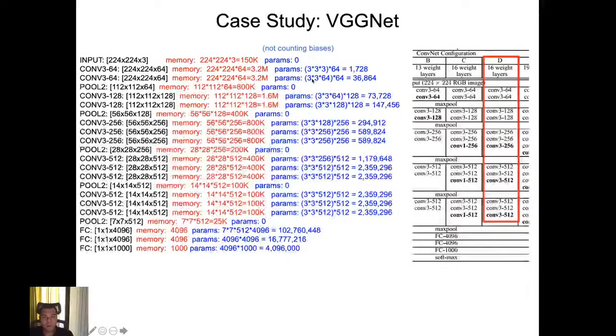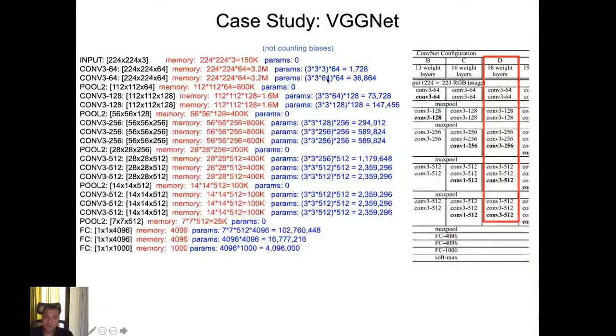As for the number of parameters, in the first convolutional layers you have only a few filters. Having only 64 filters, you don't have so many parameters to learn, and also the input has only 3 channels. But then you observe a drastic increase in the number of parameters when you go to the second layer.